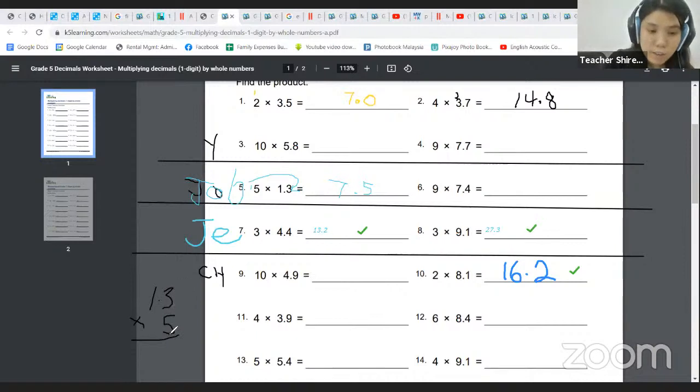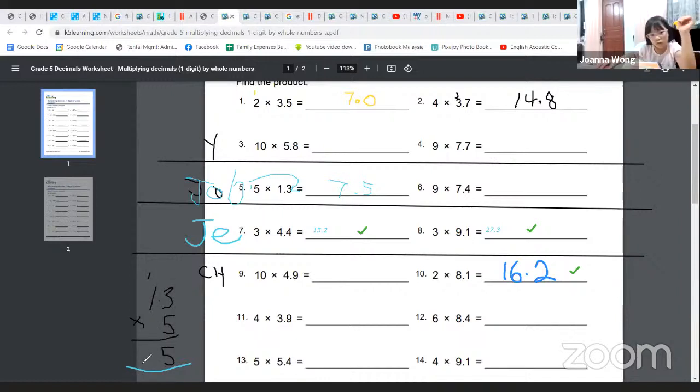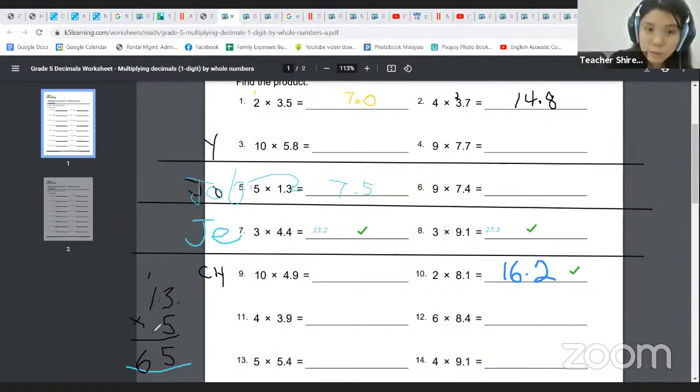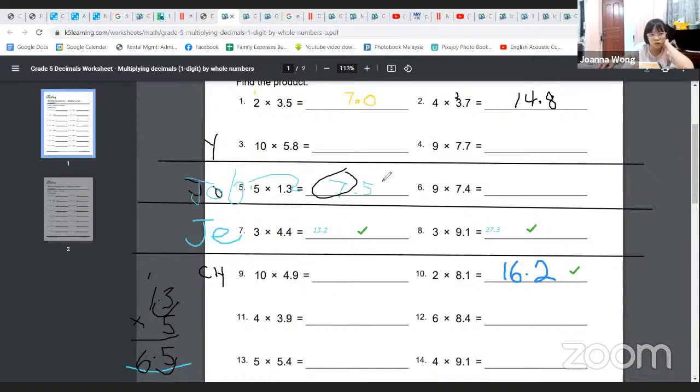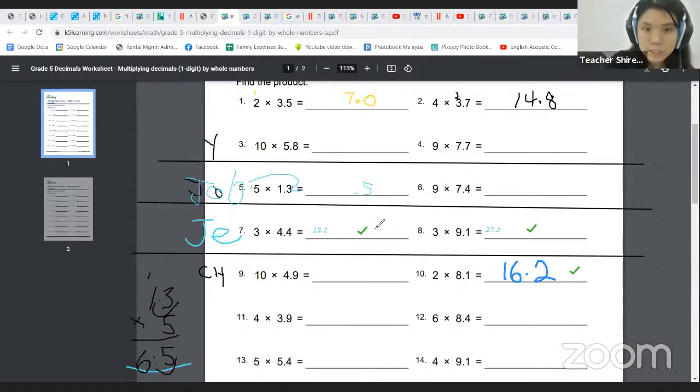Okay, 5 times 3, 15, right? 5 plus 1, 6. So 155, 5 plus 1, 6. So jump one time, jump one time. So it's 6.5. Understand, Joanna? Okay. Charlize, question number 9, please.